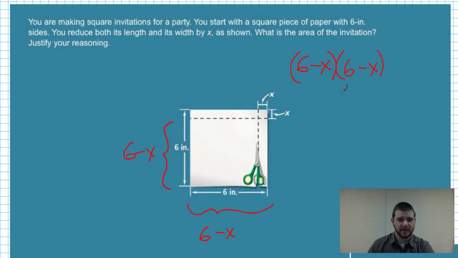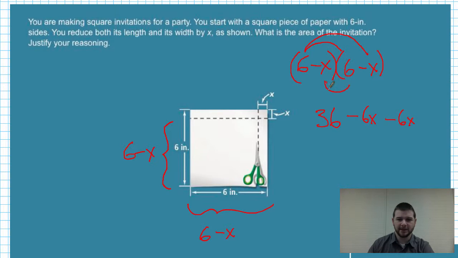And using our trusty new acronym FOIL, we will first multiply our first terms, 6 times 6, 36. Then our outer terms, 6 times negative x, so minus 6x. Then our inner terms, negative x times 6, minus, and we write that also as 6x.